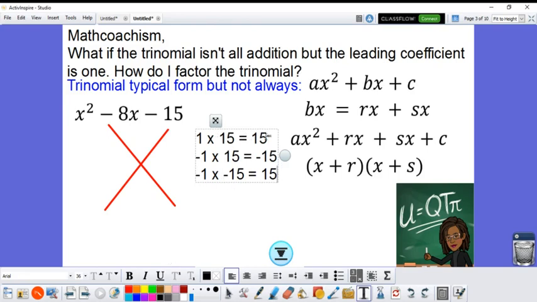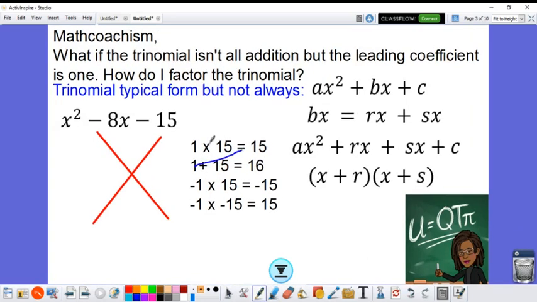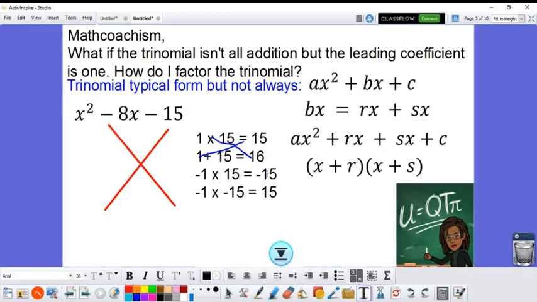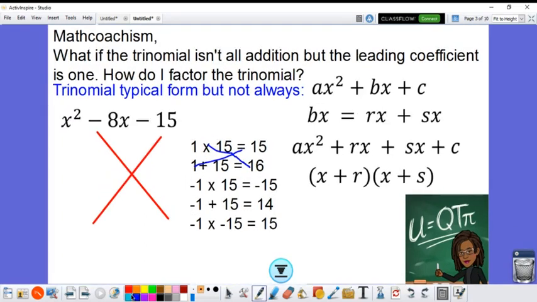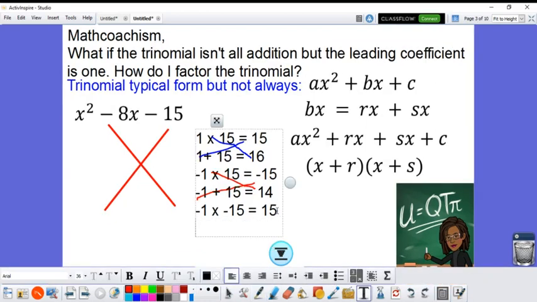So let's do the same thing and add 1 plus 15, that's 16. So no, it doesn't check out. So let's keep going. -1 plus 15, that's 14. So it doesn't check out. Let's keep going. -1 plus -15, that's negative 16.